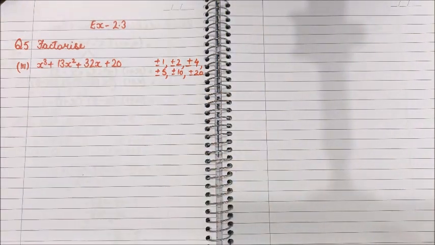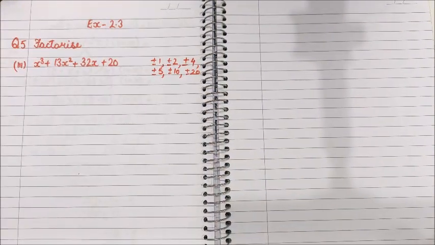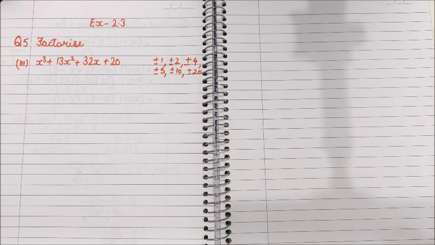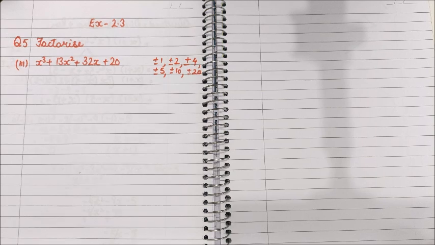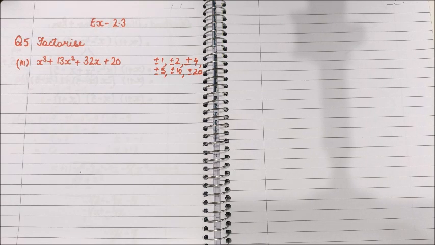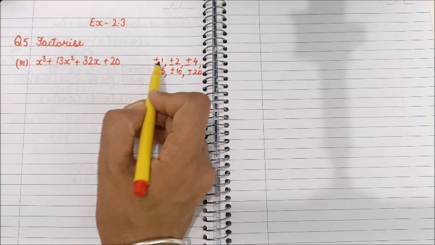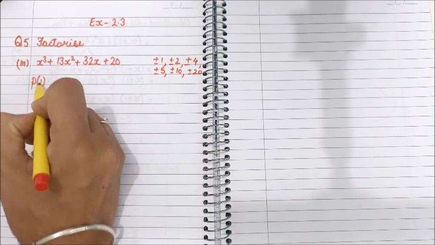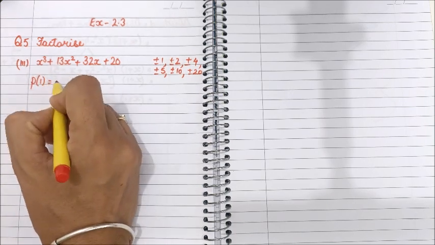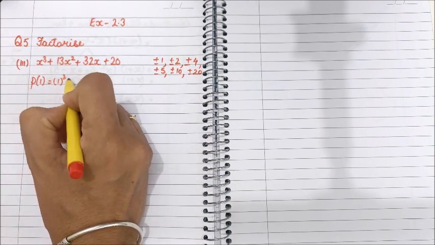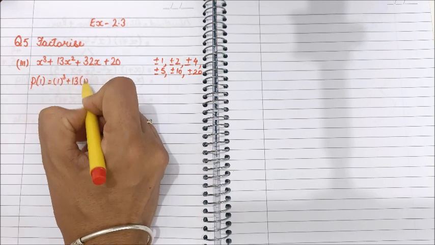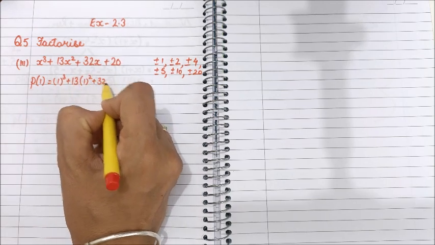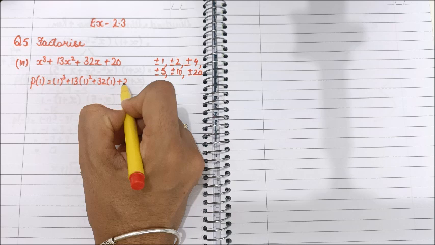So let's check one by one which factor will make this polynomial 0. The factor which will make the polynomial 0, we are going to take as one of the factors, and then we will use the long division method. So let's check by putting the value 1 as x. It will be 1 cube plus 13 into 1 square plus 32 into 1 plus 20.